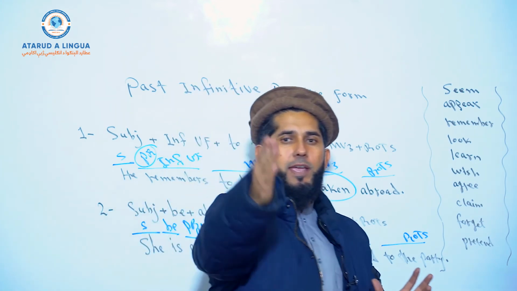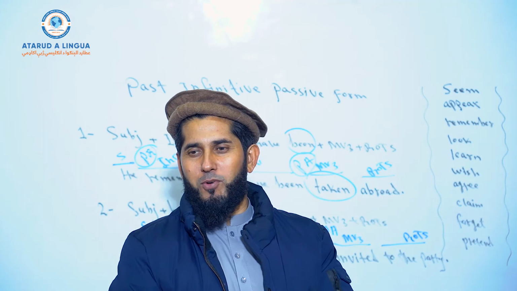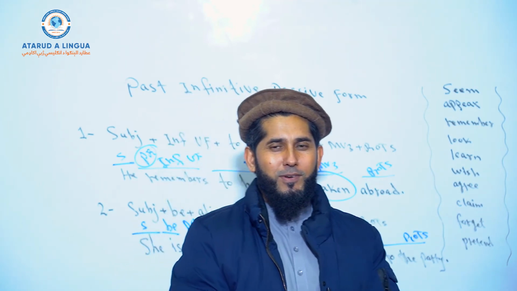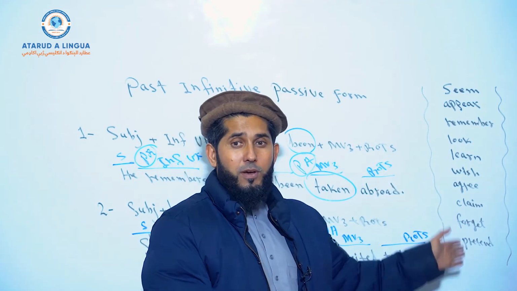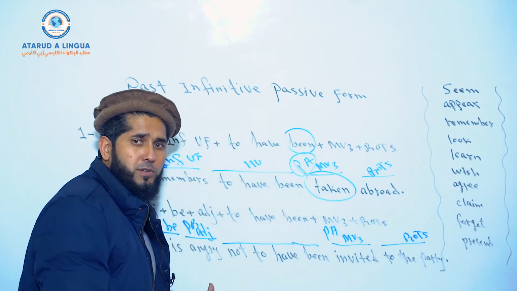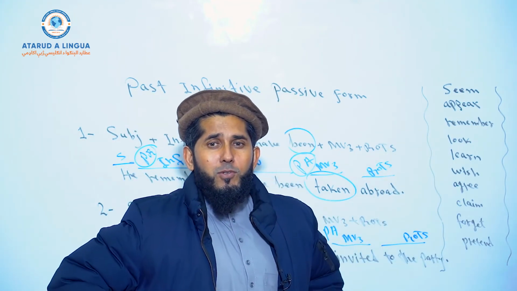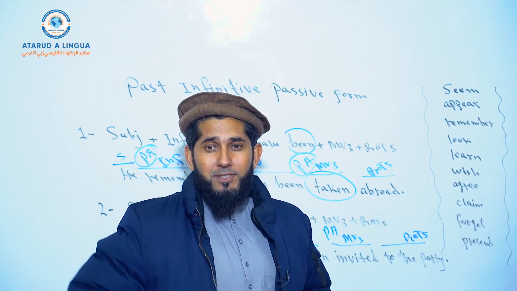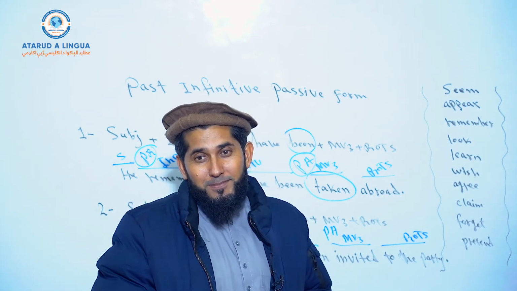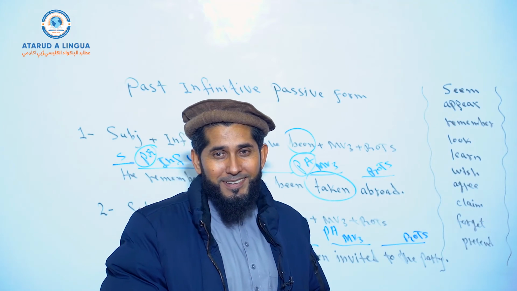So what is our cameraman happy about, or excited about, or nervous about, or you can use these verbs, come on. You just use the second structure. Our cameraman seems to have been given a hard time yesterday by somebody, right?